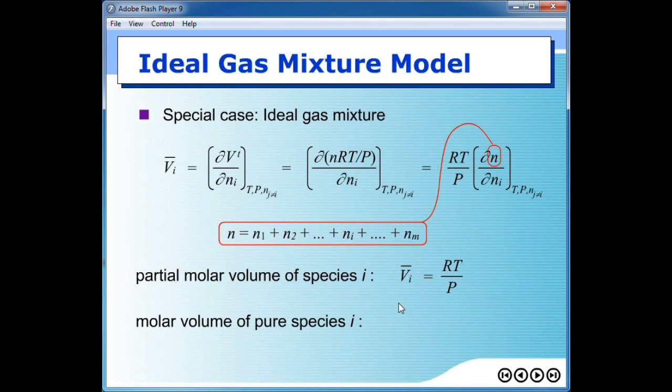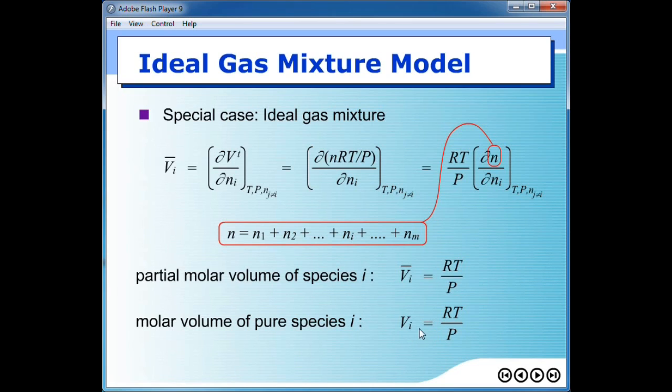Now, let's disregard the mixture for the moment, just forget about the mixture, and try to find the molar volume of pure species i, where species i behaves like an ideal gas. Since our species is pure at the moment, the volume can be written as Vi, the pure species i molar volume. That can be represented by the ideal gas law as well, right?